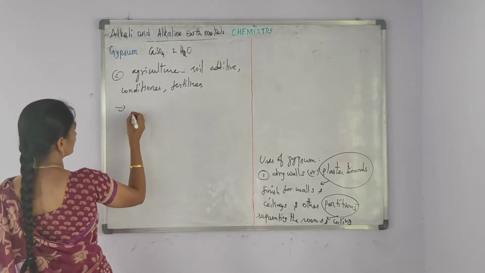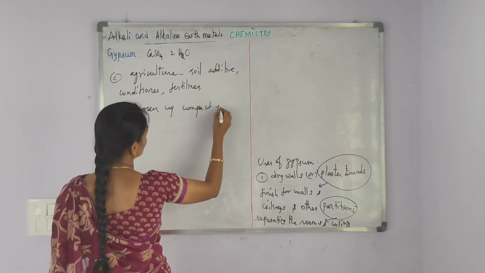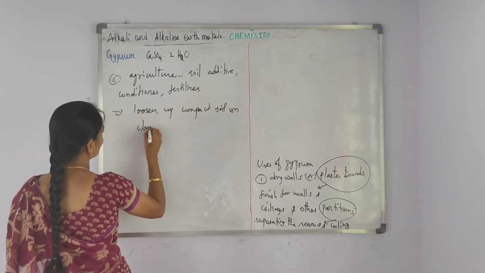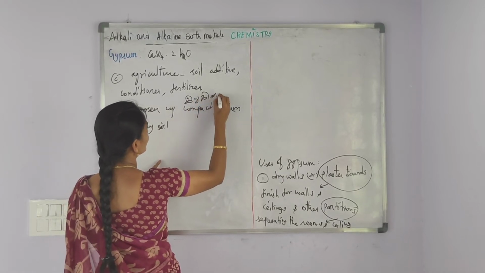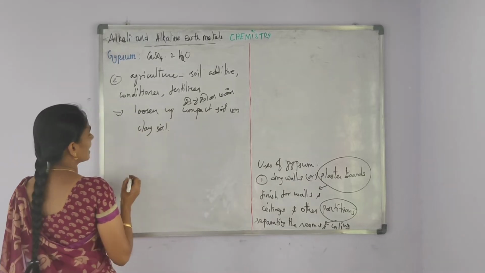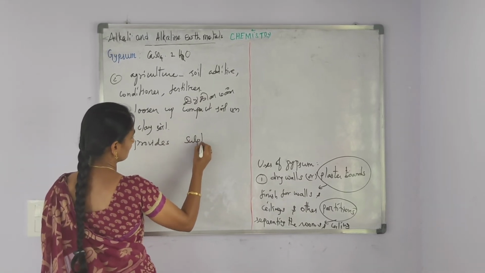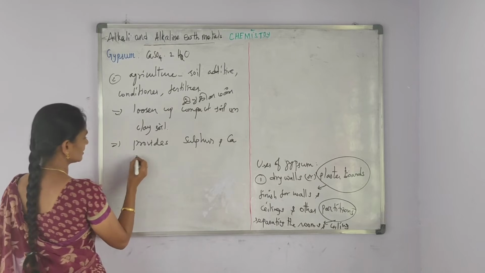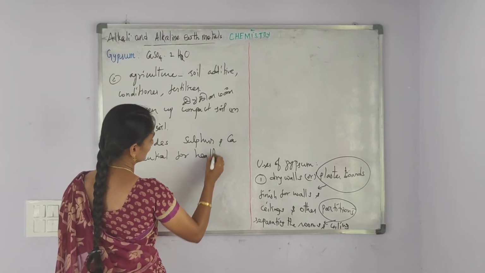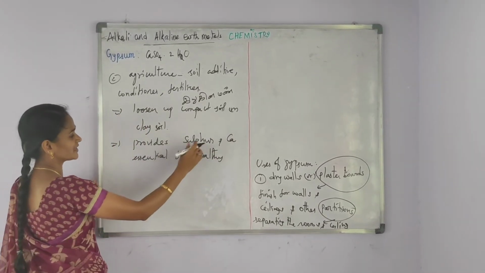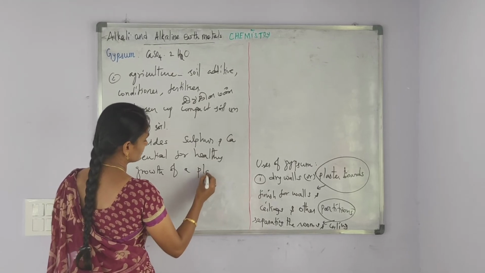Gypsum helps loosen up compact soil or clay soil, and it provides sulfur and calcium, which are essential for the healthy growth of a plant.